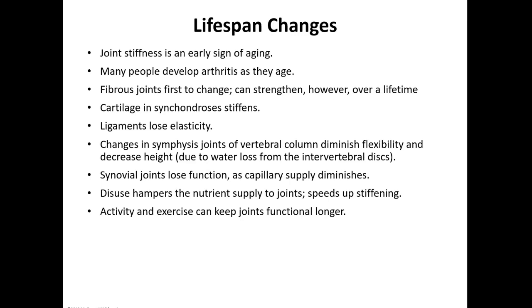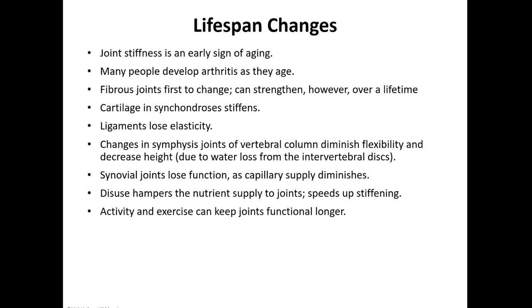As they stiffen, the ligaments at the joint lose the ability to stretch or be elastic. So that's why they say ligaments lose elasticity as we get older. There are changes in the symphysis joints of our vertebral column, the intervertebral discs.